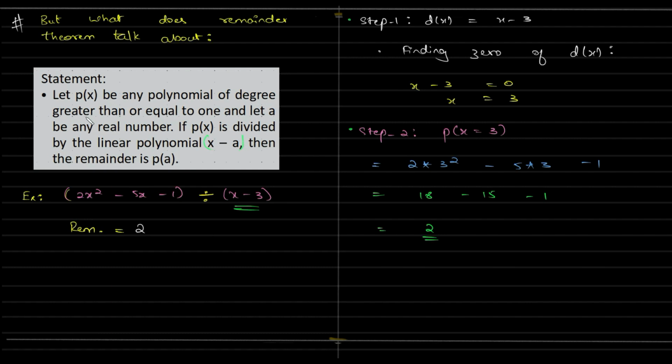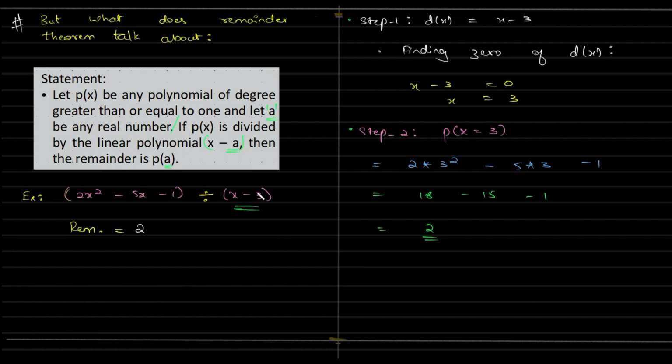Okay. So let's read the statement. Let p of x be a polynomial of degree greater than or equal to 1 and let a be a real number. If p of x is divided by a linear polynomial, then the remainder is given by p of a. Okay, so a is the same a over here and here and over here.